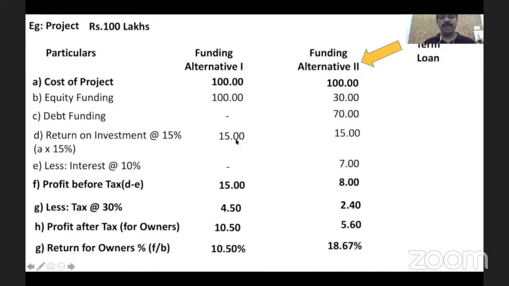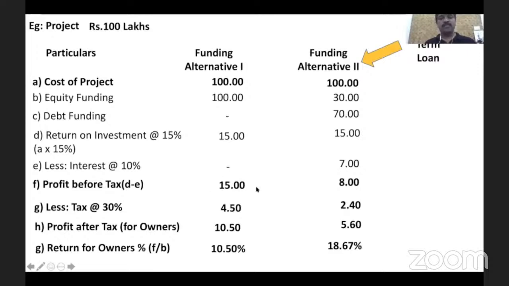See what happened here. Here, the presence of debt helped this organization to have more return on investment for the owners. Because the same project, same assets, what has undergone a change is only the funding pattern, right? Here it was fully funded by owners' money, but here it was partly funded by owners and major portion by the bankers, or say the lenders.